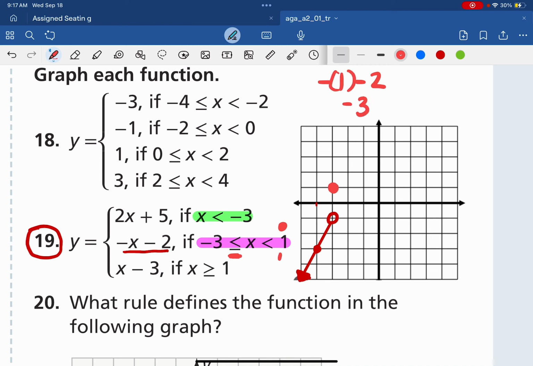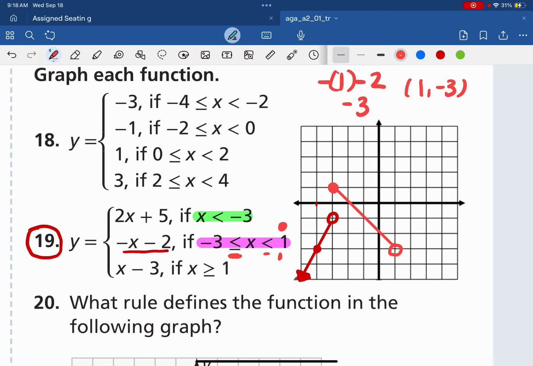So at x equal to 1, I have a y value of -3. I'm putting an open circle because 1 is not included in this piece. And then I'm just going to connect my lines.